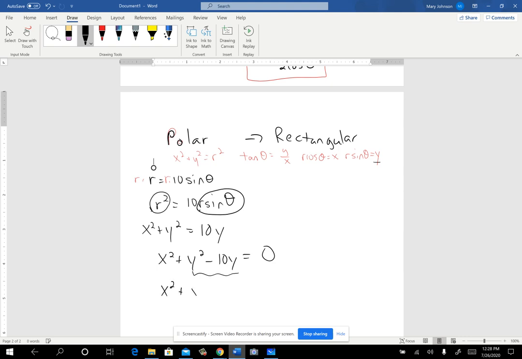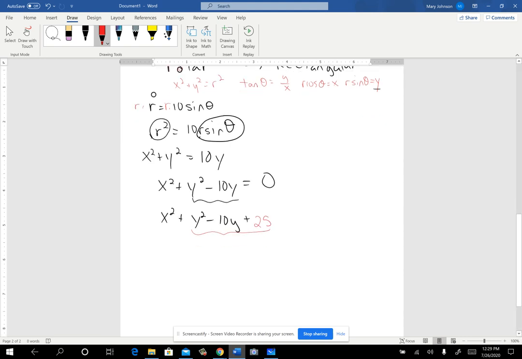So what you would do is think what you would need to add to that in order to turn this into a perfect square. That would need to be a 25, so that this could be written as y minus 5 squared. It's always half this number that gives you that 5. And then when you square that, you get the 25.